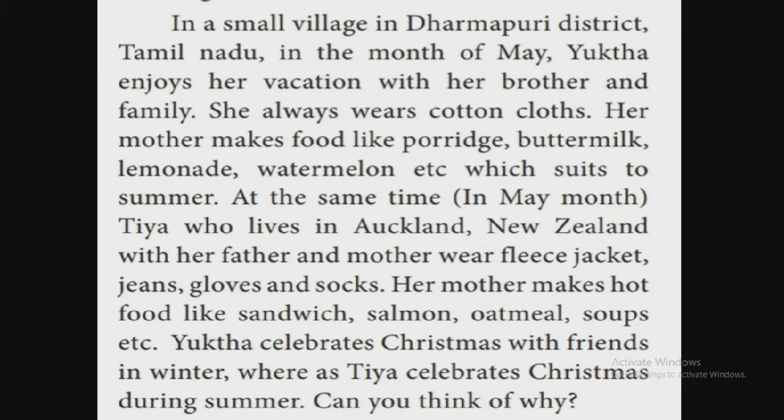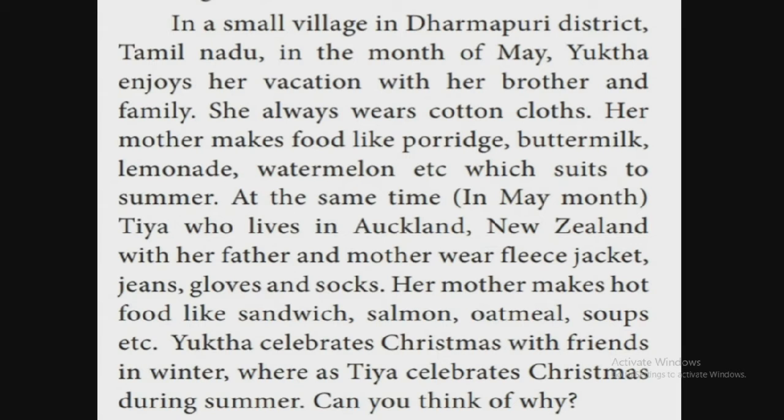Her mother makes hot food like sandwiches, salmon, oatmeal, soup, etc. So according to the weather where she lives, her mother is preparing hot food, whereas Yukta's mother is making cold food, that is porridge, buttermilk, lemonade, whereas Tia's mother is making what? Sandwiches, salmon, oatmeal, soup, etc.